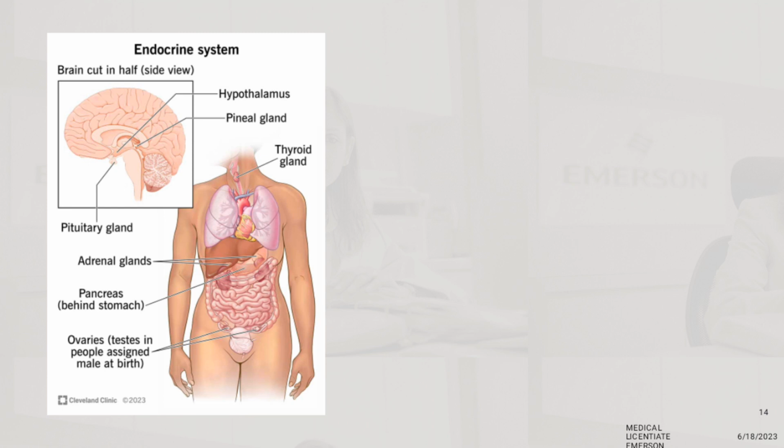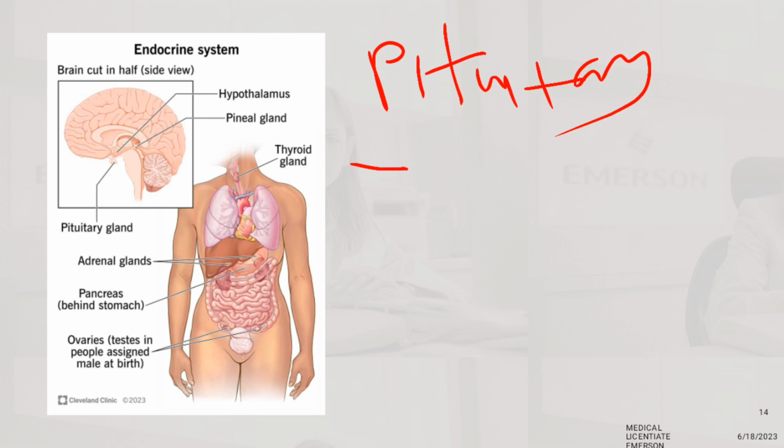Okay. Then in terms of the endocrine system, specifically the pituitary, blood flow to the pituitary is going to increase. Then if there is hypotension, there is a risk of pituitary infarction called Sheehan's syndrome.